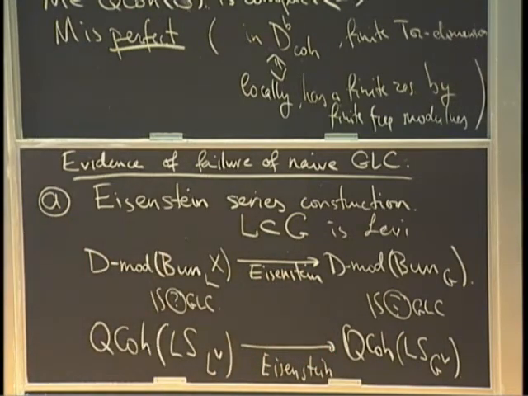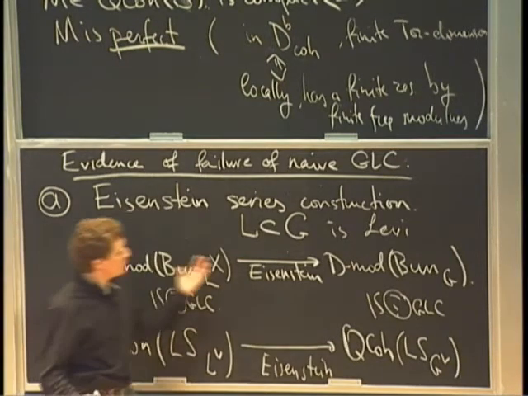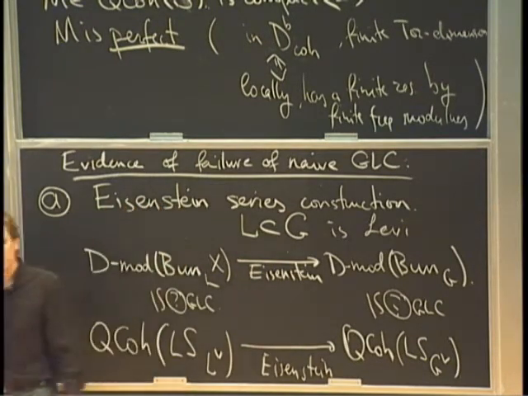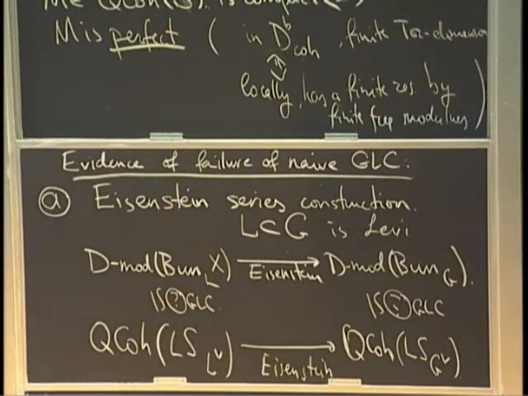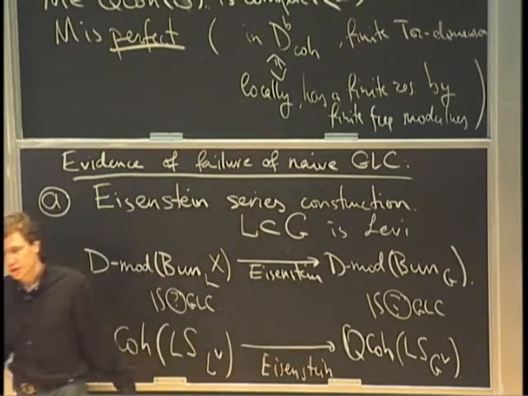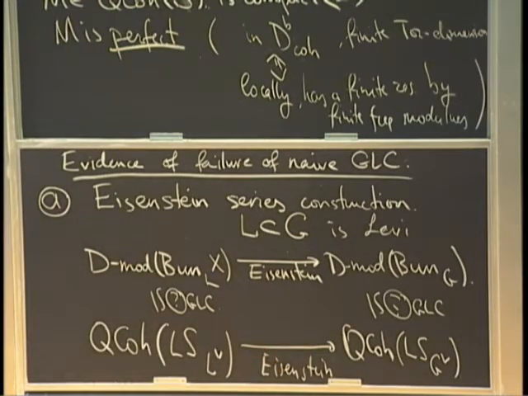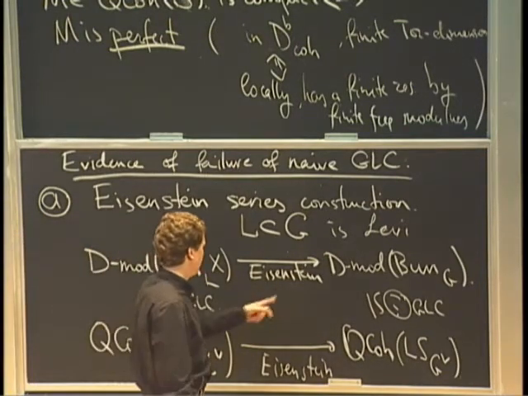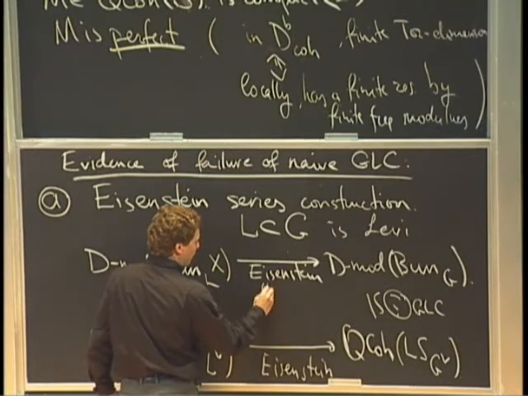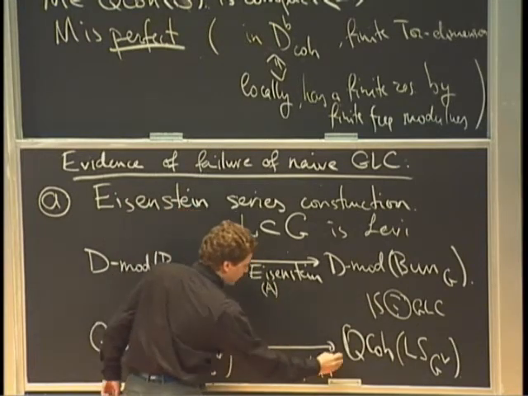And again, this is something very fundamental. If we just look at the structure of these two categories and the functor that relates them, in one case this functor has a certain fundamental property, in the other case it doesn't. So maybe I'll call this automorphic Eisenstein and Galois Eisenstein.